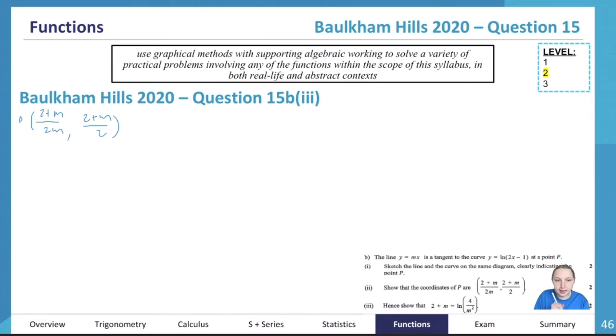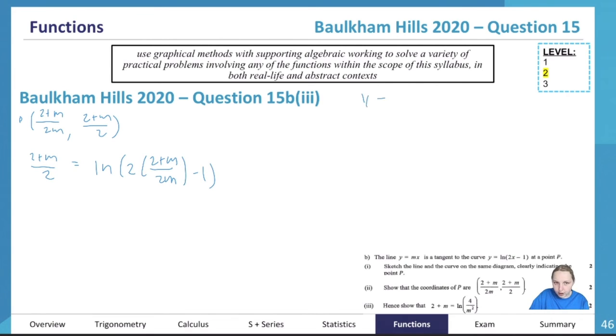And our point P lies on the line y equals ln 2x minus 1. Then we're going to have our y point, 2 plus m on 2, equal to ln of 2 times 2 plus m on 2m, minus 1.